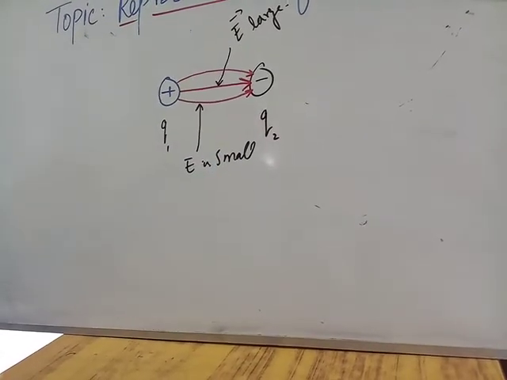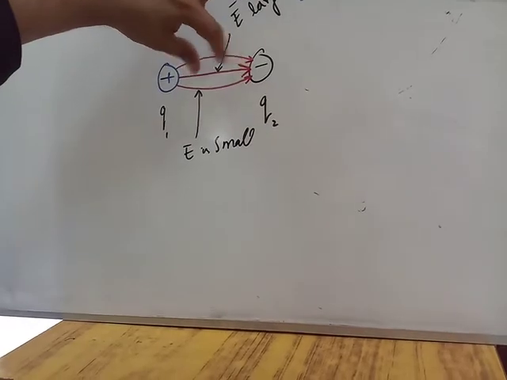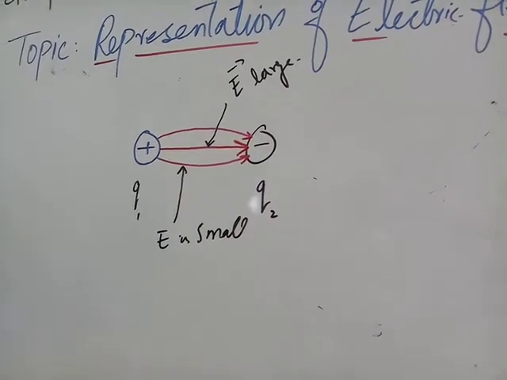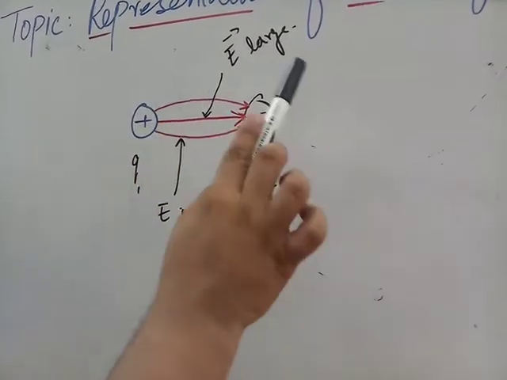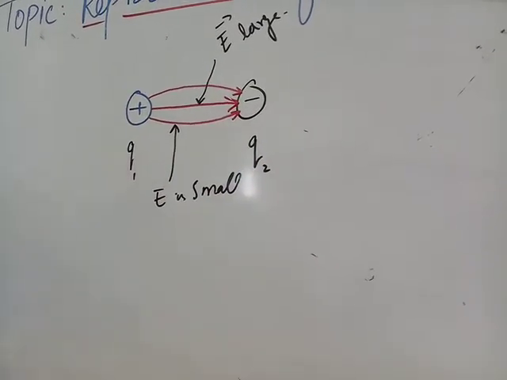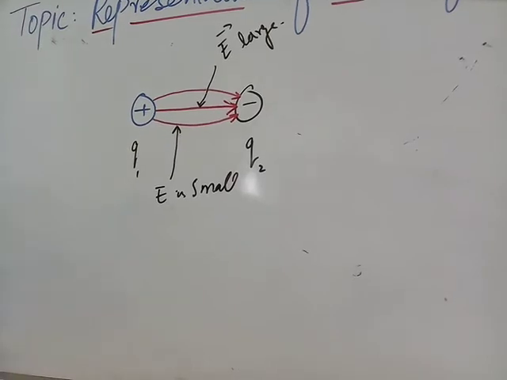It means the field is strong inside, and outside the electric field is small or weak. So we represent a curved line for weak forces and a linear or straight line for large force or strong field.